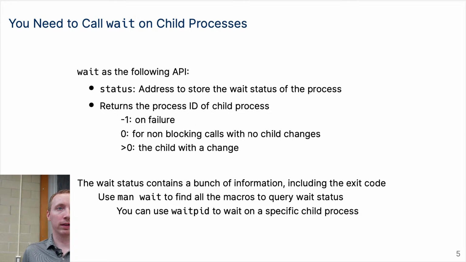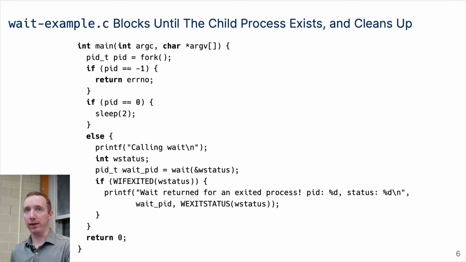It will block and sit there and won't execute until a child dies, and then it will return from wait. Then it can call its own exit with the child's exit code and its own exit code. We'll see the code example, so let's go ahead and look at the wait example. Here's what it would look like.